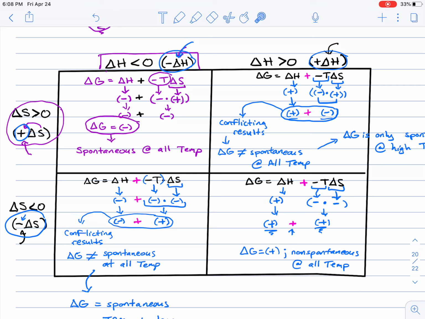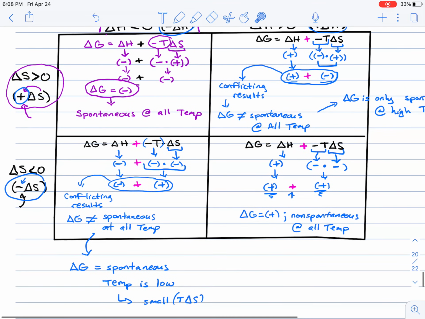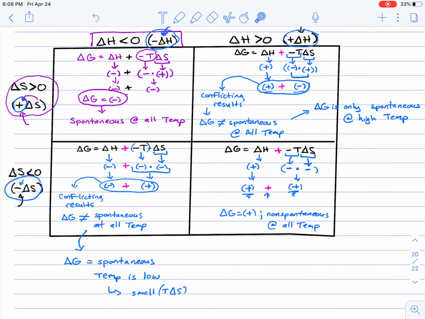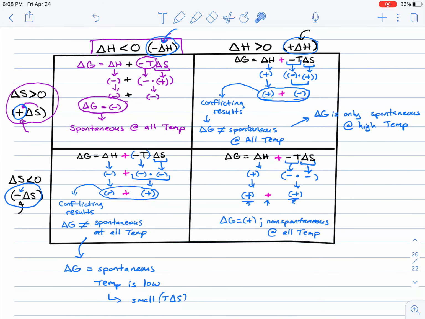So notice that the signs for enthalpy and entropy are the same, giving us conflicting results. And whenever we have conflicting results, we have to think about the condition for temperature that would allow the Gibbs free energy to be negative, producing a spontaneous reaction.